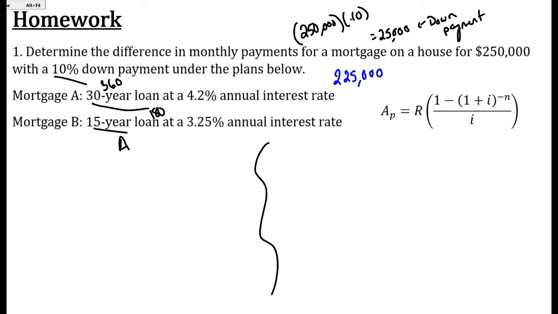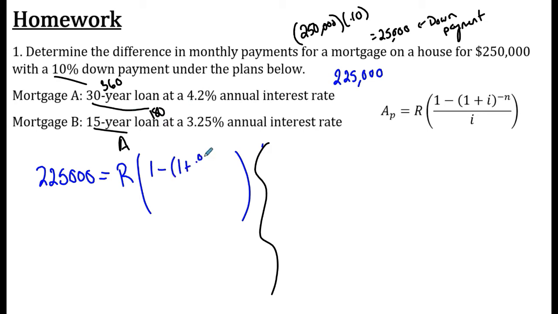So let's plug it into our formula here. So the loan I'm taking out, $225,000, equals the monthly payment, which is what we're solving for, times 1 minus 1 plus i, where i is the interest rate, so 0.042 compounding monthly, to the negative 360, all over i, 0.042 over 12.